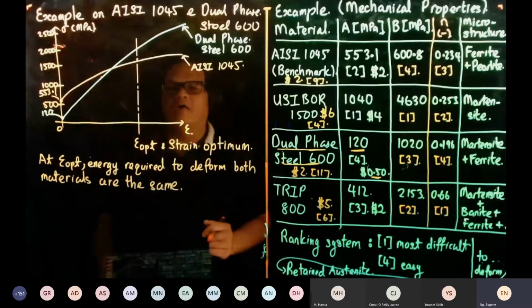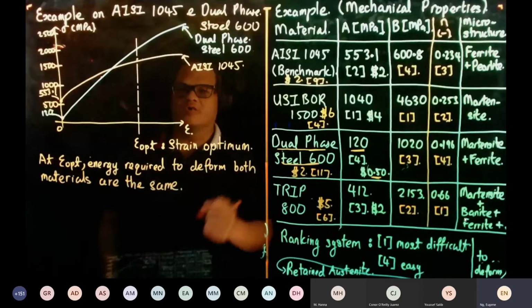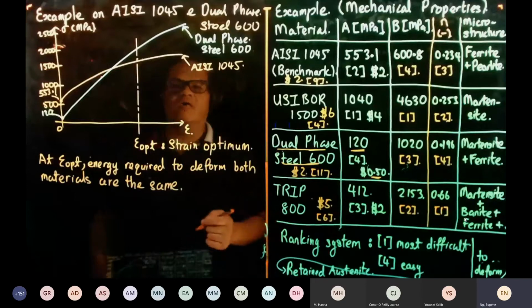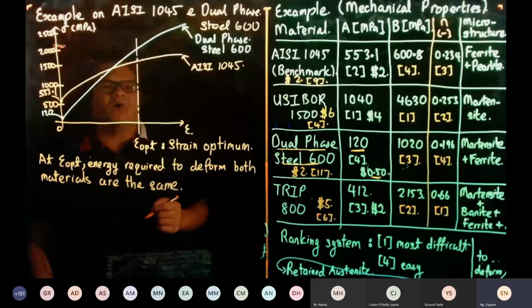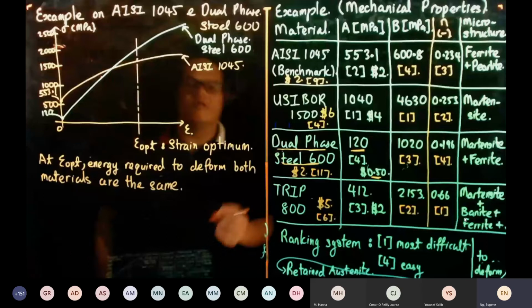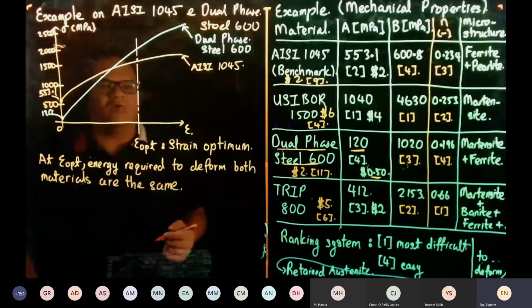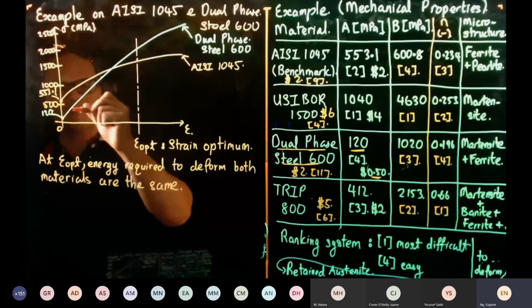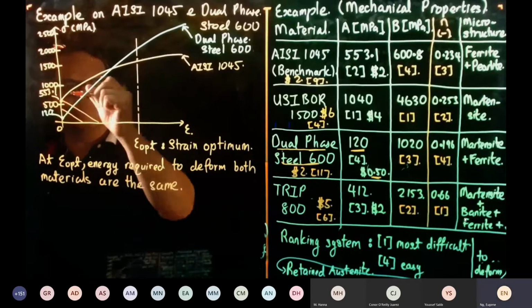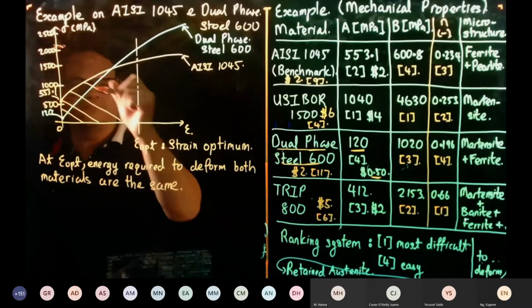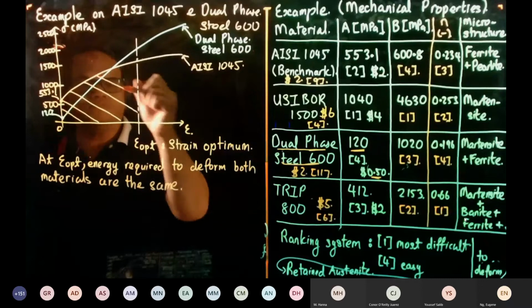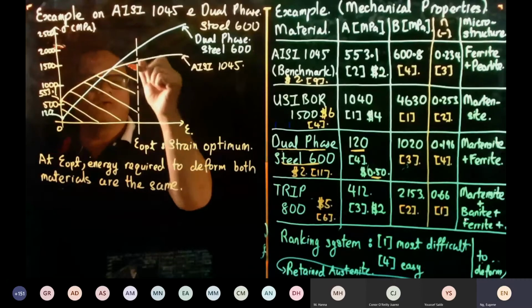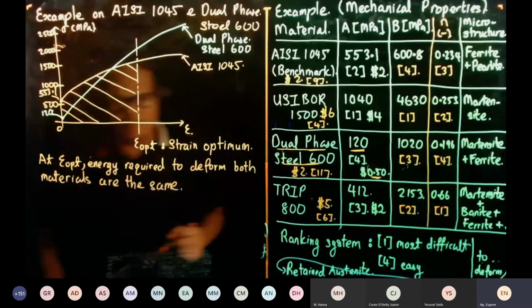So energy is the area under the stress strain curve. If we look at AISI 1045, the amount of energy required to induce deformation is this amount. So this is our AISI 1045.